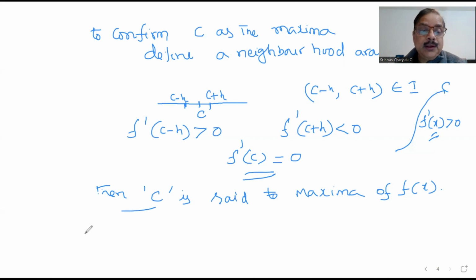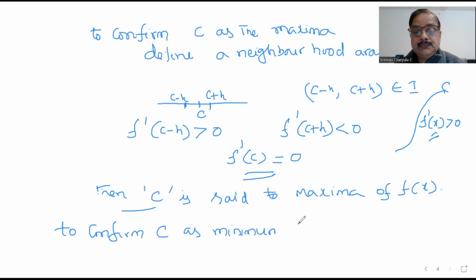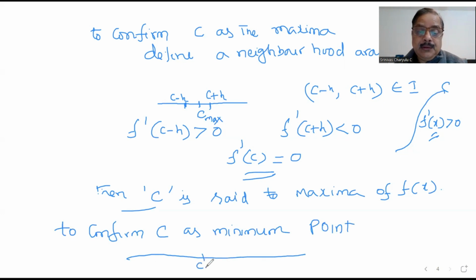Now, for minima, how to do it? To confirm c as a minimum point, in the same way, we again define the same neighborhood, c minus h and c plus h.